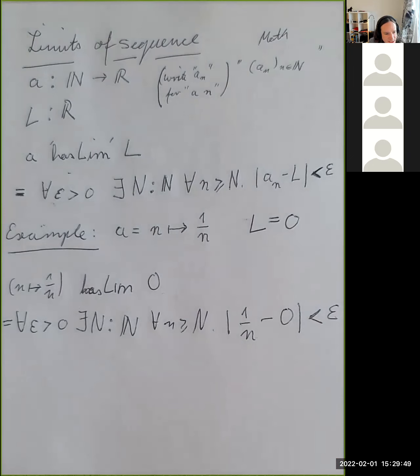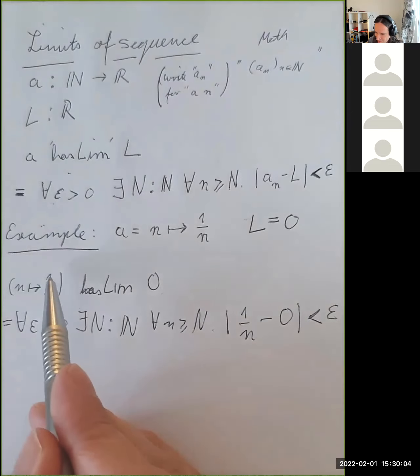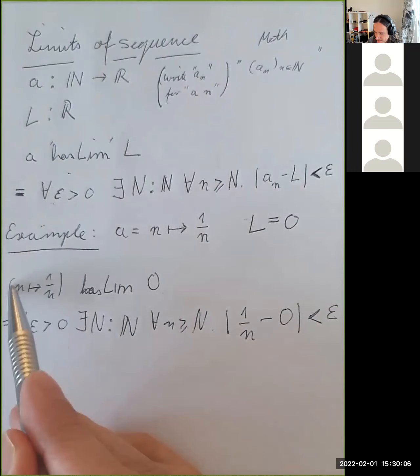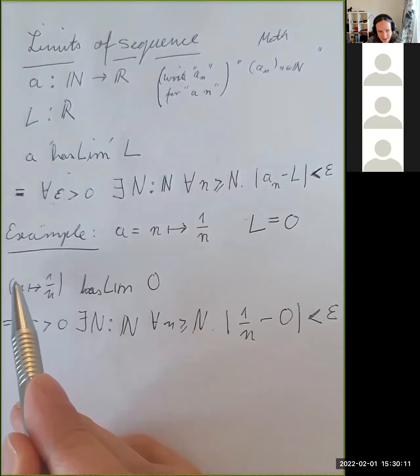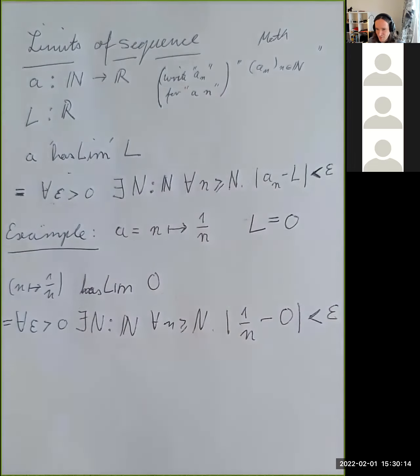Okay, there's a question here. We are talking about the limit as the argument approaches infinity. If I understand you correctly, then yes. So the argument of the sequence, this n, should approach infinity, and we kind of want to know the value of the sequence at infinity, but that's not a mathematical way to say it.